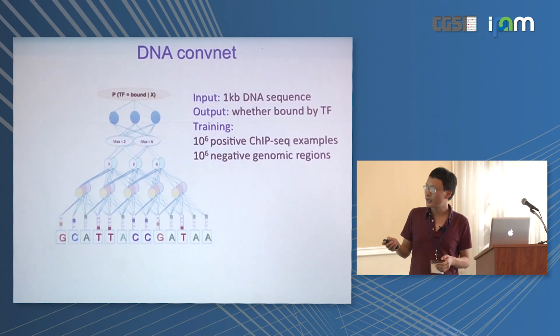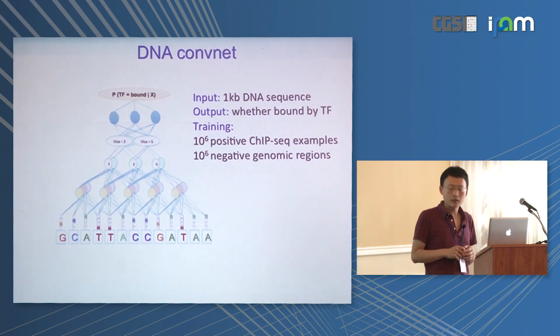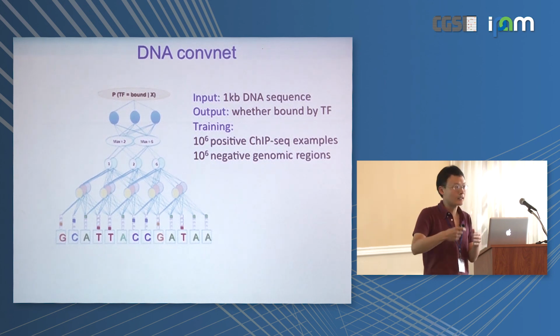And I should mention that in our experience, and in the experience of a lot of our colleagues, exactly how you build the architecture ends up not being so important. It is important to build in the priors, such as using convolutional structures and setting the filters to be the right length, maybe about 10 or 12 base pairs.